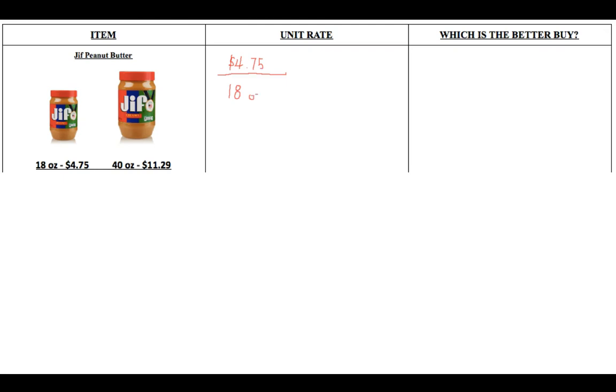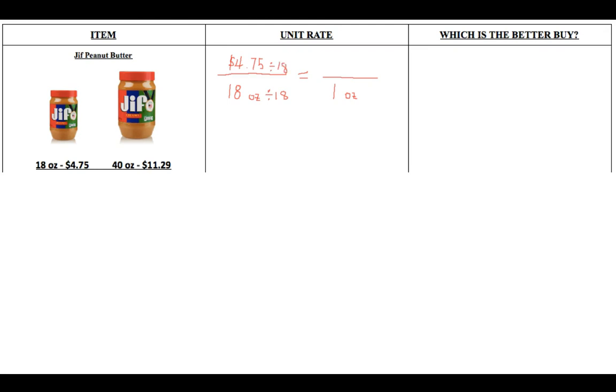Now, I want to find the cost per ounce. So when I say per ounce, I want to know for every 1 ounce. Well, how do I go from 18 ounces to 1 ounce? We would just simply divide by 18. And what I do to the bottom, I will also have to do to my top, the numerator.